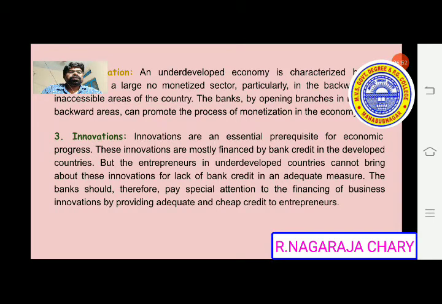These innovations are mostly financed by bank credit in developed countries, but entrepreneurs in underdeveloped countries cannot bring about these innovations for lack of bank credit in adequate measure. The bank should therefore pay special attention to the financing of business innovations by providing adequate and cheap credit to entrepreneurs. So innovations are needed.